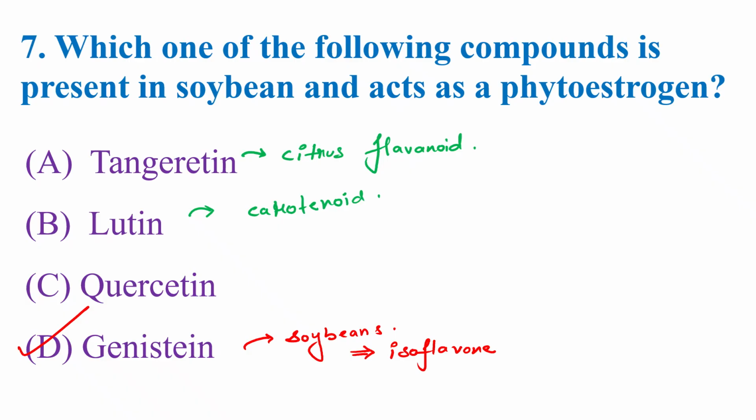And quercetin, it is a flavonoid with antioxidant property. So over here my correct option is D, that is genistein.